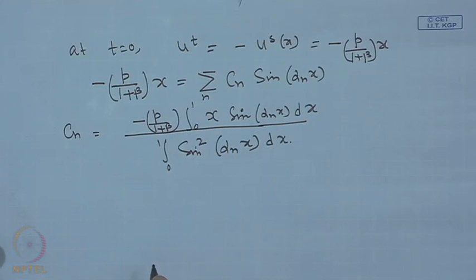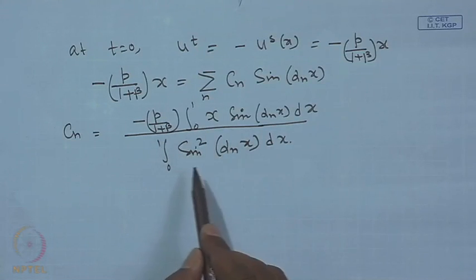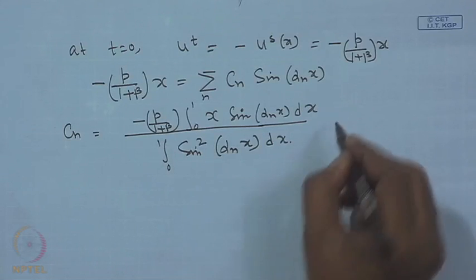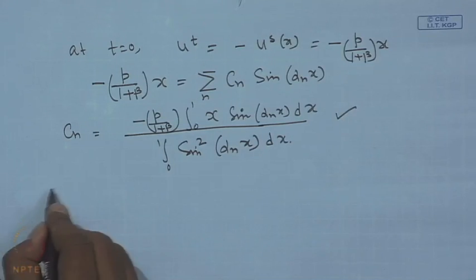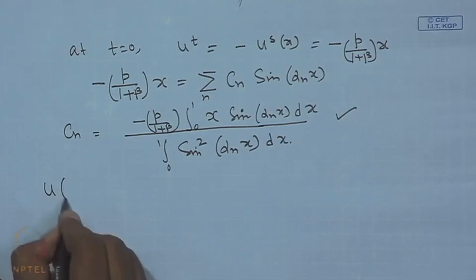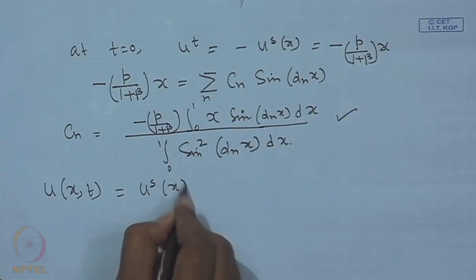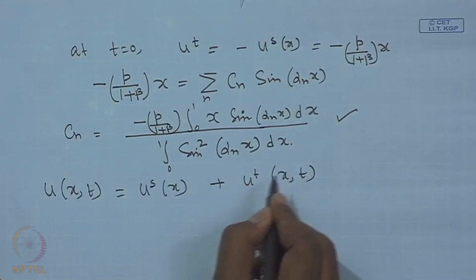So, we know how to solve this equation. We have taken care of this equation earlier, and I am not going to rewrite it once again. So, this can be solved, and we will be getting the complete solution as u as a function of x and t, which should be u s, a function of x alone, plus u t, a function of x and t both.